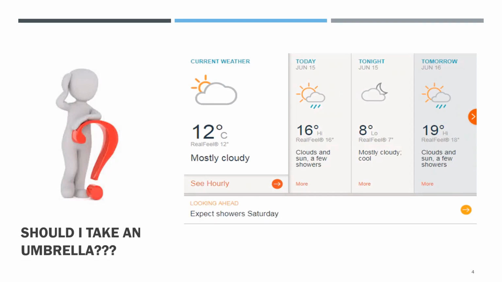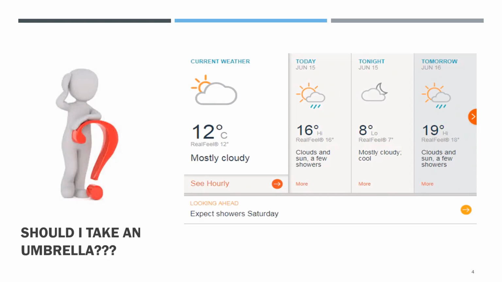So here, what we are doing is working with data. That means referring to the weather report and also observing the environmental behavior. Those are the data for this scenario.